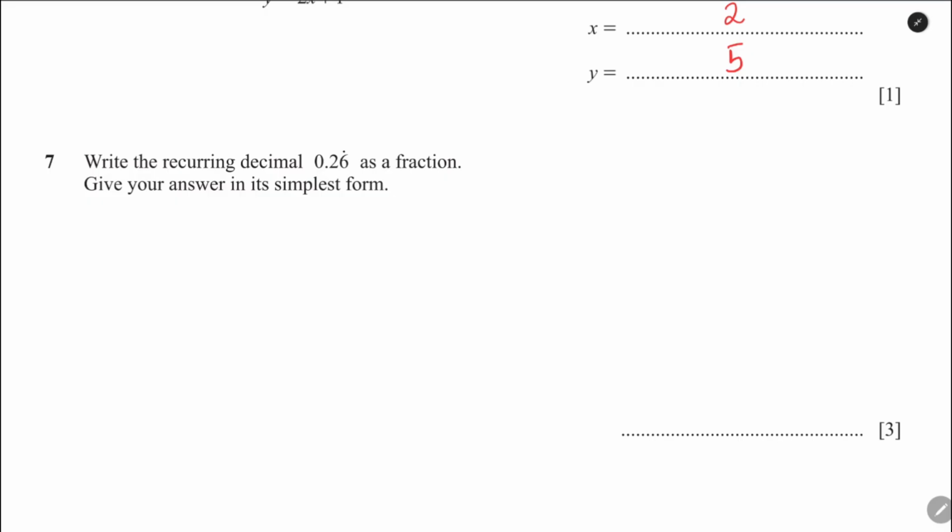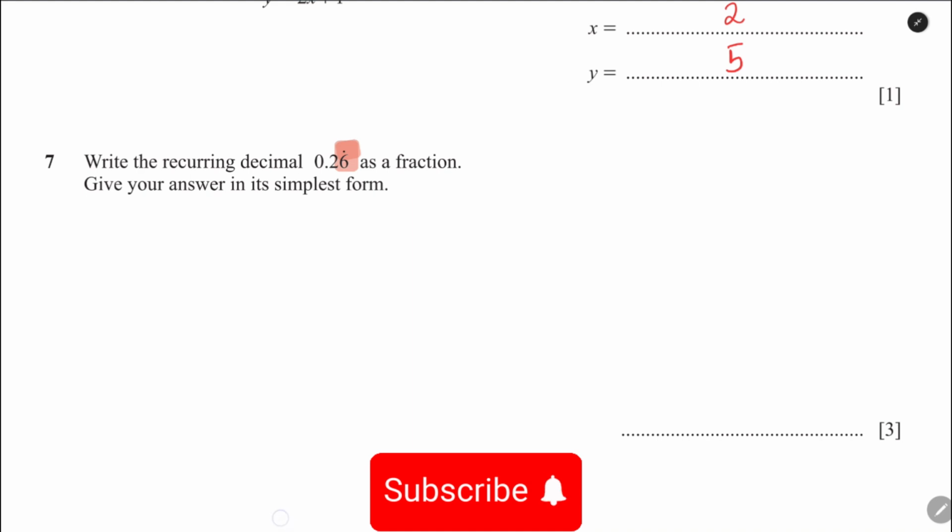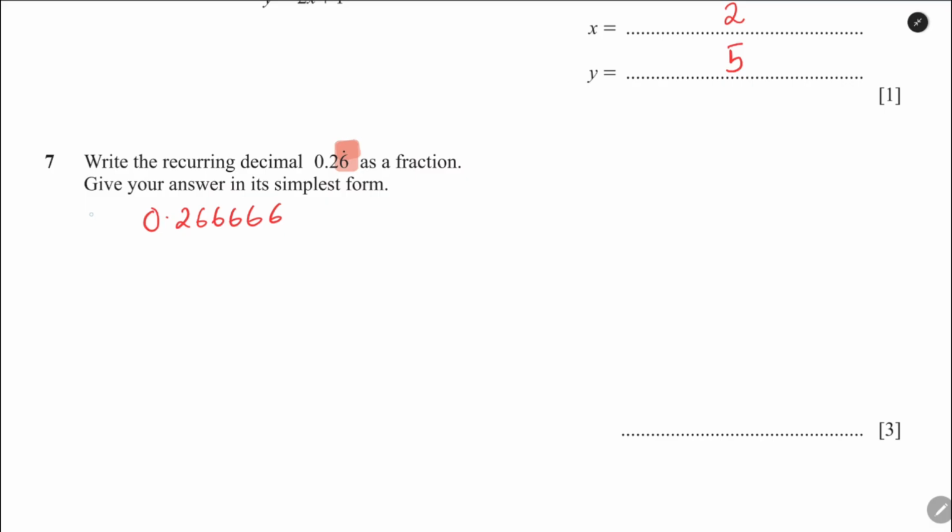The first thing you need to realize is that the dot here is only on the 6. So it means that this number is actually 0.266666. It's only the 6 that is recurring because it's the one that has the dot on it. To solve this question, let x be the number we're actually dealing with, that recurring decimal.